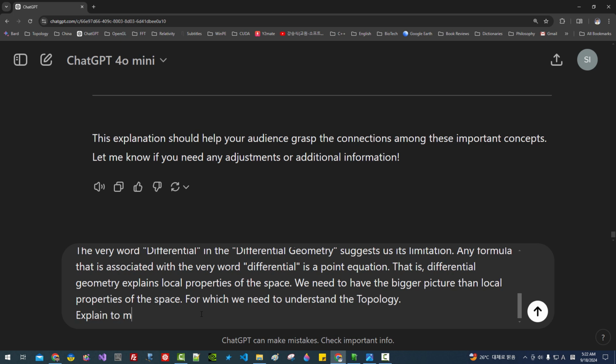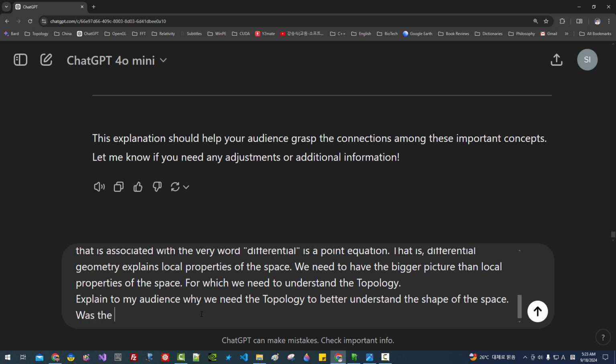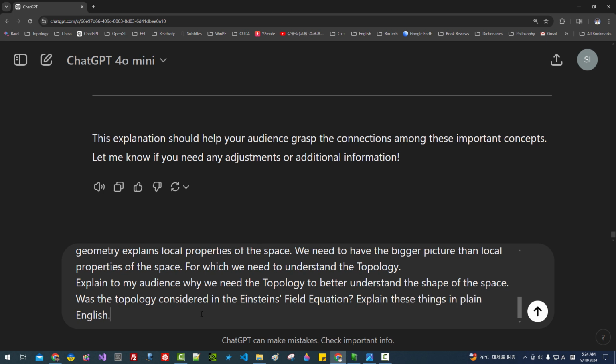Explain to my audience why we need topology to better understand the shape of the space. Was topology considered in Einstein's field equation? Explain these things in plain English.